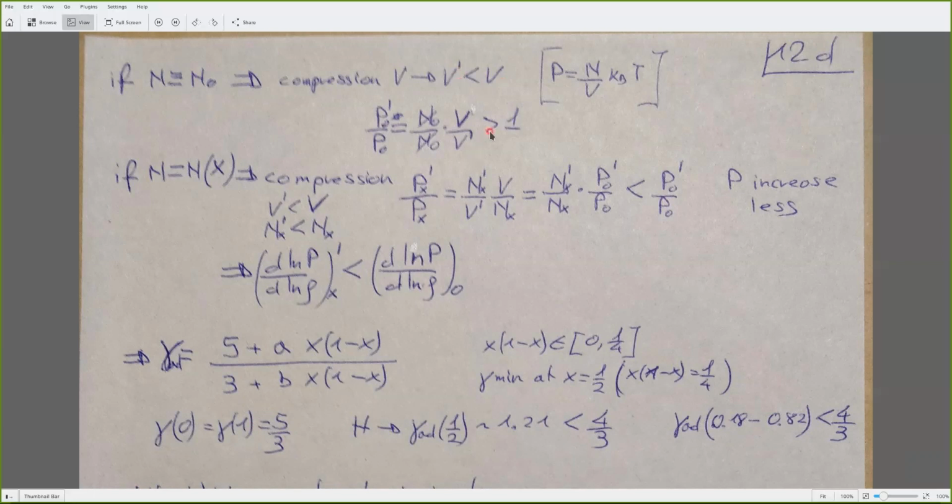This permits certain reactions. If you consider that the number of particles depends on the degree of ionization, then again we have to consider the compression.